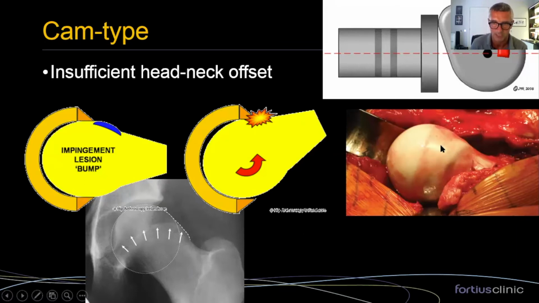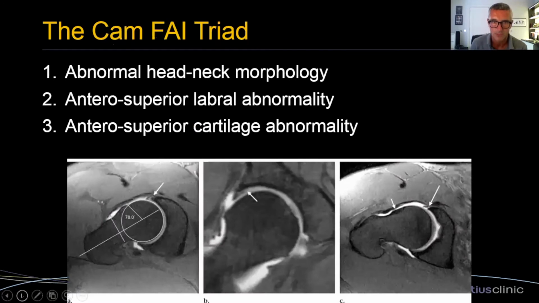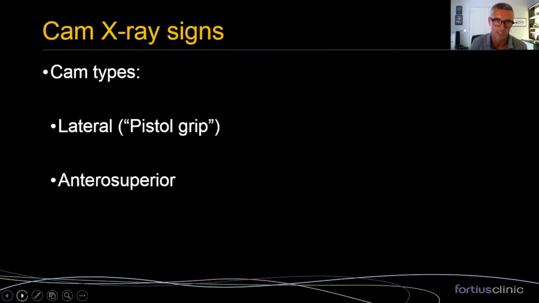Here is a surgical correlative image with the flattening of that head-neck junction. We describe a Cam triad on imaging, which is abnormal head-neck morphology, labral tear, and cartilage abnormality. If you have all three, you can be at least in some way confident that they may have a hip impingement. We recognize two types of Cam lesion on imaging.